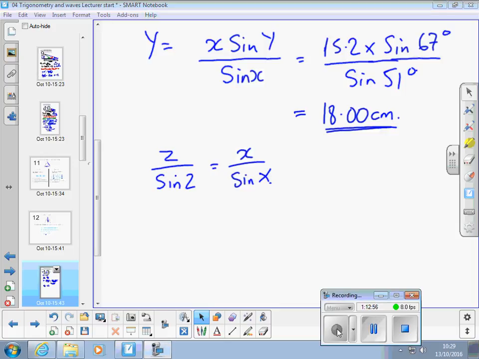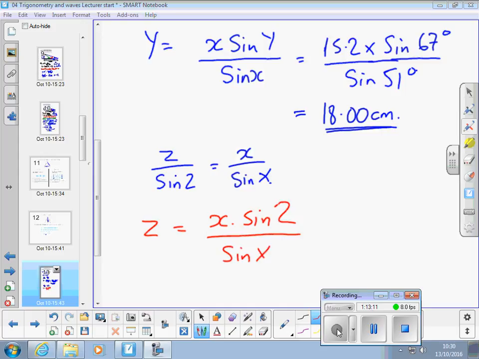All done. So the rearranged formula is Z is equal to X sine Z over sine X. And that is X is 15.2 times sine 67.